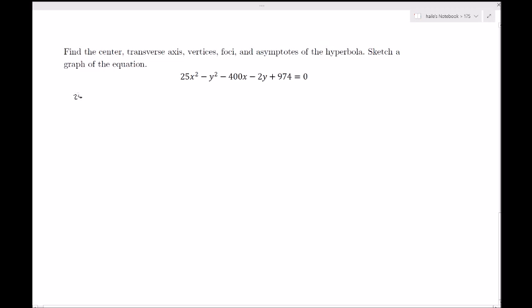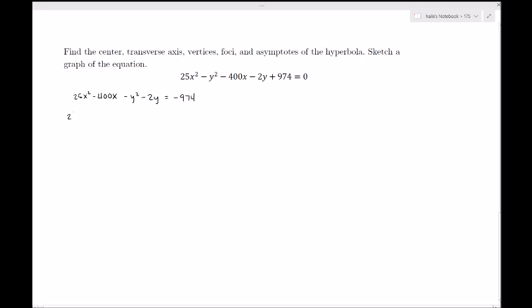So we get 25x squared minus 400x minus y squared minus 2y is equal to negative 974. Now, because we have a 25 in front of the x squared, we need to factor it out of all of the terms containing x.